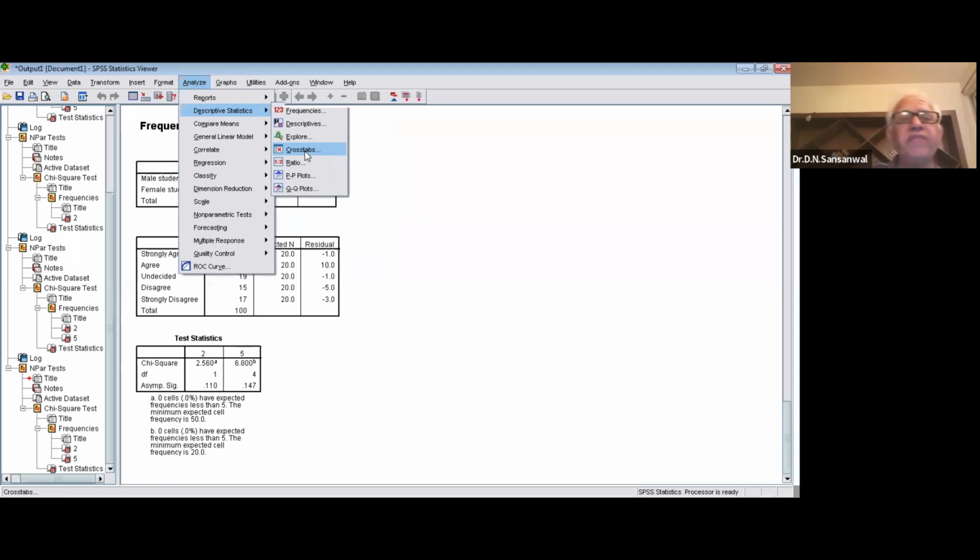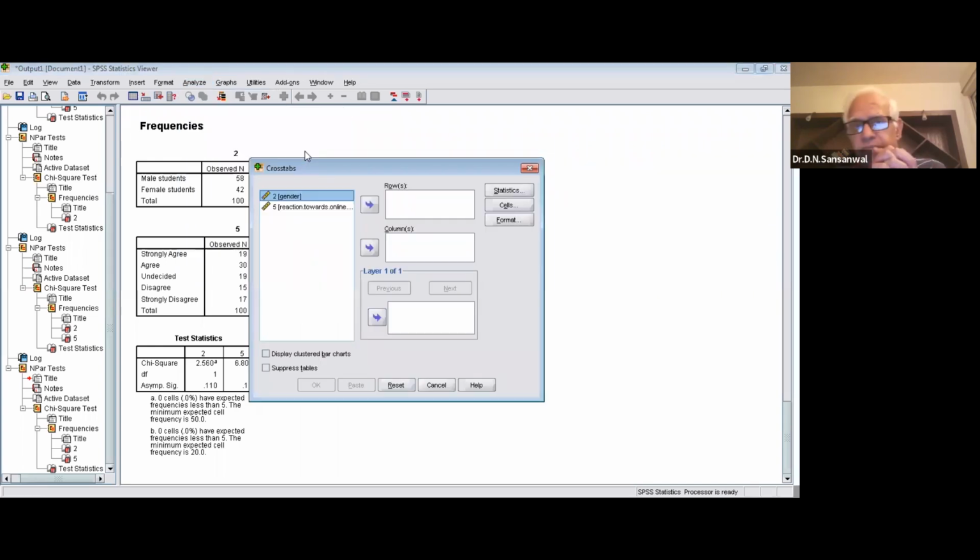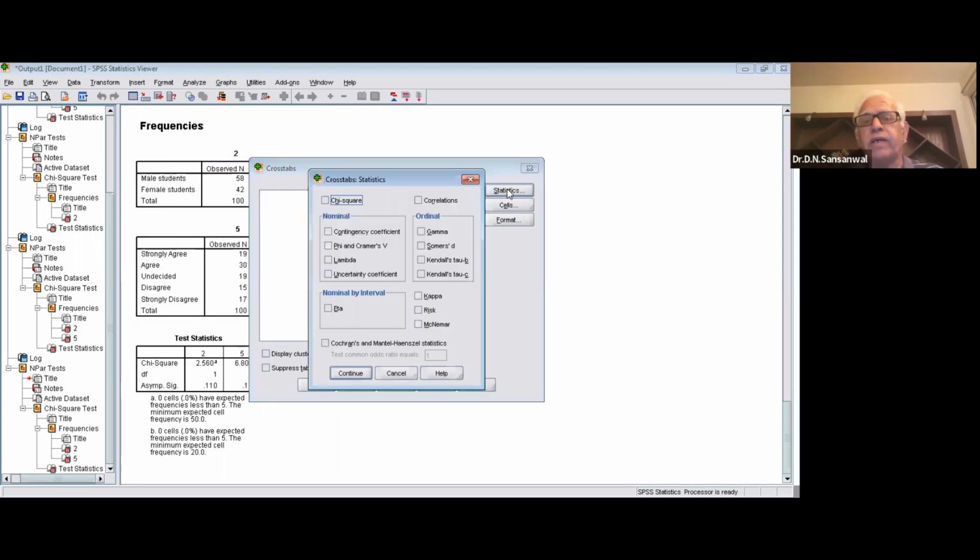From descriptive statistics to cross tab, you click it here. Now there are 2 variables. One is the row, other is the column. So if you say gender is the row and column is this, perfectly correct. Now you can click on statistics. Here is a chi-square.